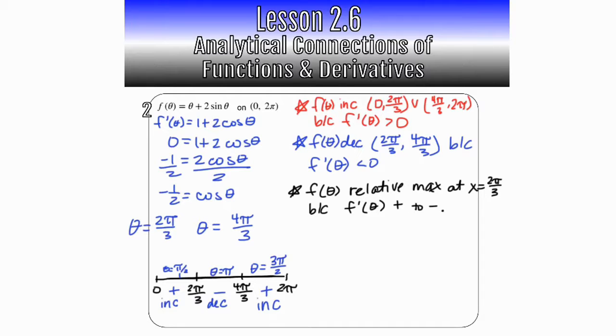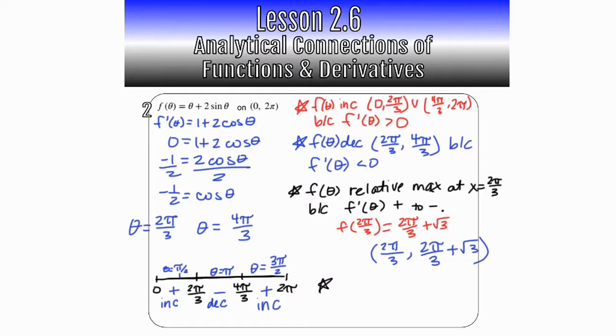So if I plug in f of 2 pi over 3, I'm going to get 2 pi over 3 plus the square root of 3. So where is this relative max at? The exact coordinate is going to be 2 pi over 3, and then 2 pi over 3 plus the square root of 3.